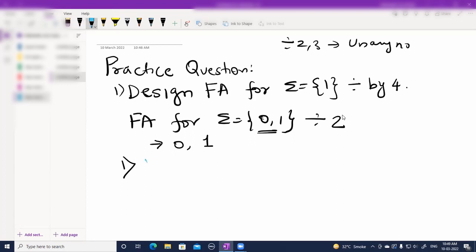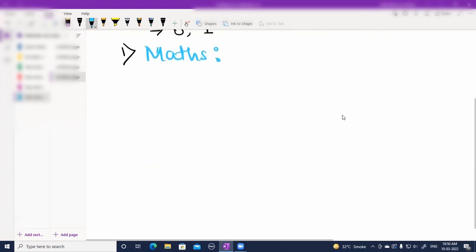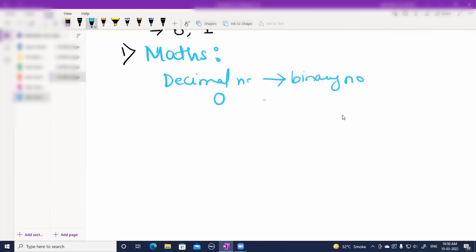In the mathematical method, we first find out the binary numbers. For that we write the decimal numbers and see how the decimal to binary conversion actually looks. We start with decimal number 0.